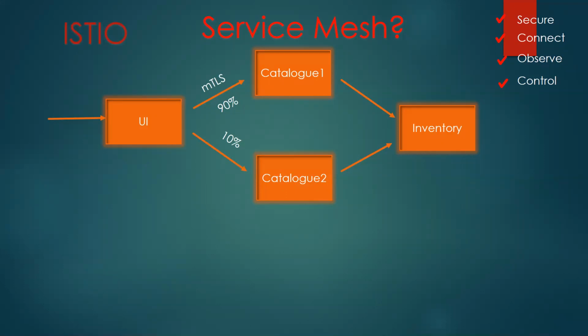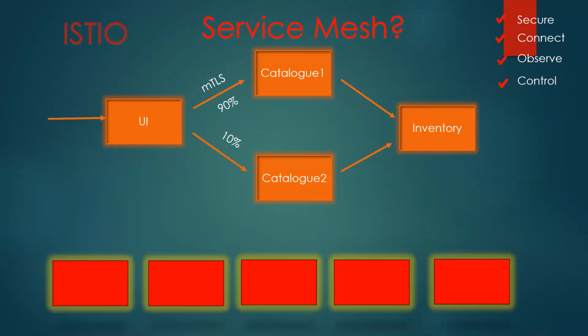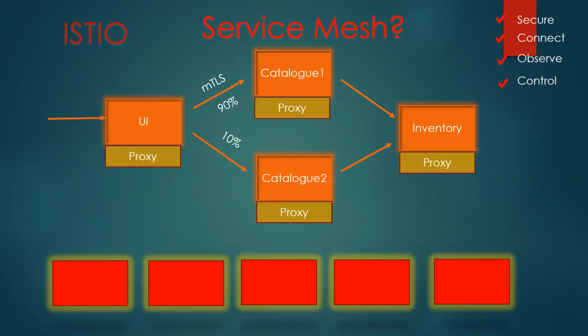When you have Istio installed, first it will install proxies next to each one of your containers. These proxies are basically Envoy proxies, and the proxy itself runs as a container next to your application, but inside the same Kubernetes pod.